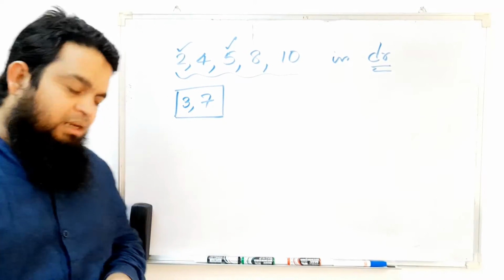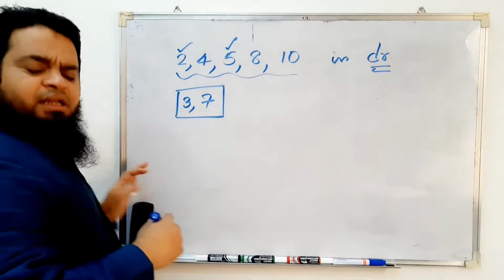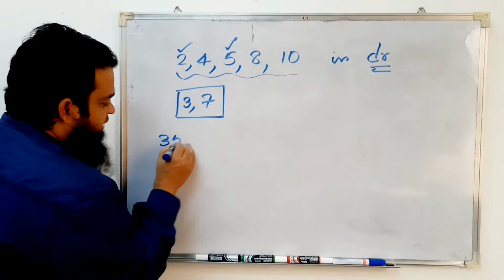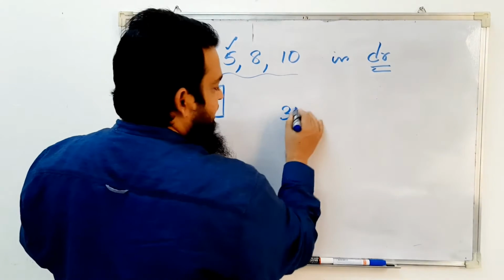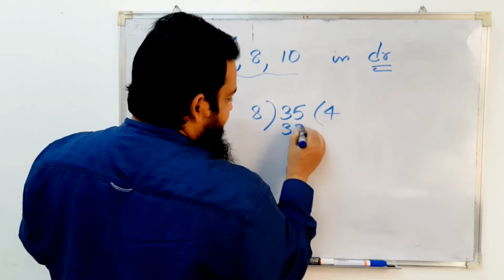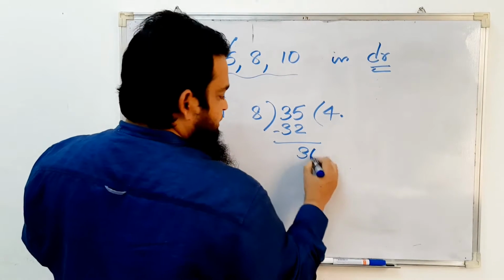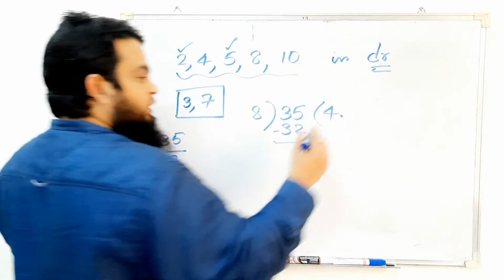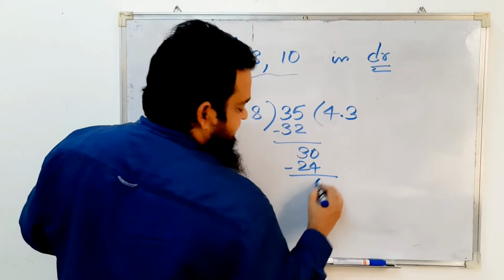For example, let us take 35 divided by 8. 8 4s are 32 and the remainder is 3. Put the decimal point and 0. 8 in 30: 8 3s are 24, and the remainder is 6.